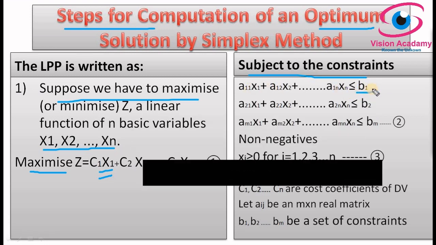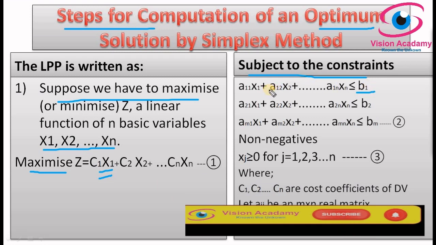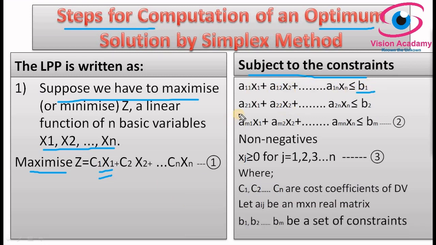Since it is the first constraint, we write the index 1 1. If you move to the second constraint, we will give 2. So the second constraint would be a21 x1 plus a22 x2 plus up to a2n xn, less than or equal to b2. The decision variables x1 remain the same for all the constraints. You can take many constraints like that. At the end we will have am1 x1 plus am2 x2 and so on up to amn xn, less than or equal to bm.